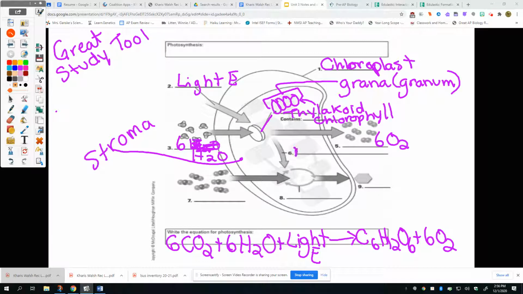We will also produce NADPH and ATP. This is the energy transfer, the transfer of that light energy to the next step. The next step does occur in the stroma, and that is the Calvin cycle, or the light independent reaction.